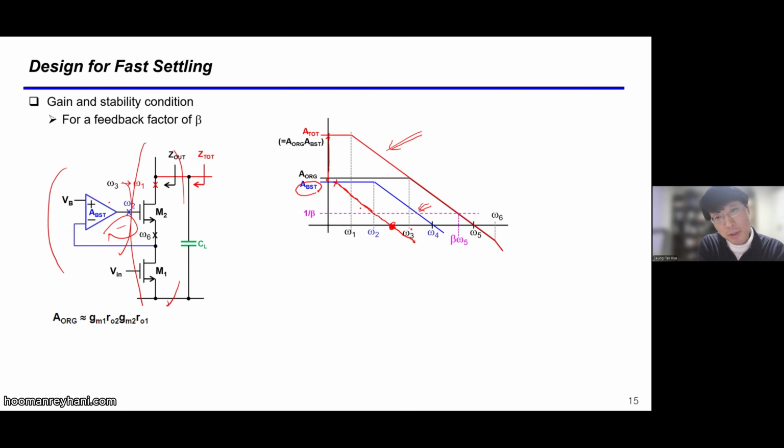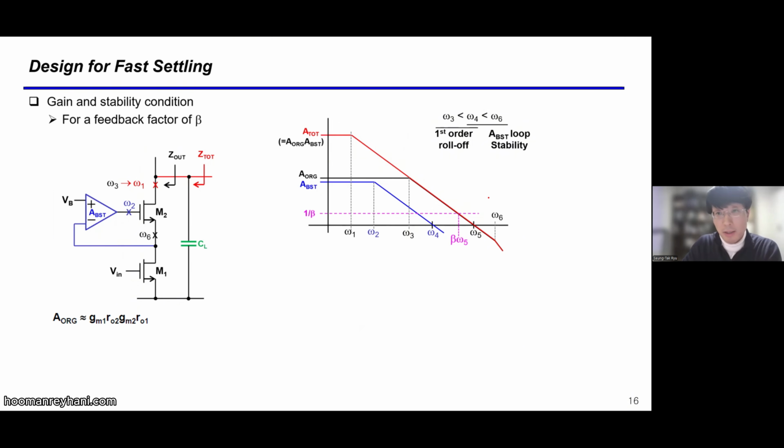So when the amplifier's bandwidth is this narrow, then the entire gain response will be like this, which we don't want. So in order to have the boosting effect, this unity gain frequency should be wider than the main amplifier's dominant pole frequency. That's one requirement. This is about the gain, one pole drop gain, right? So one pole drop is a requirement.